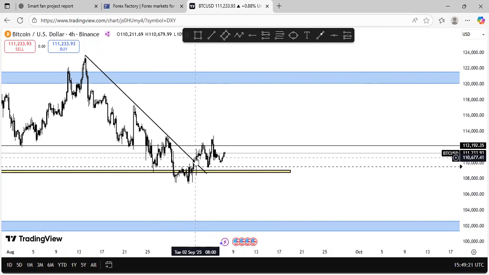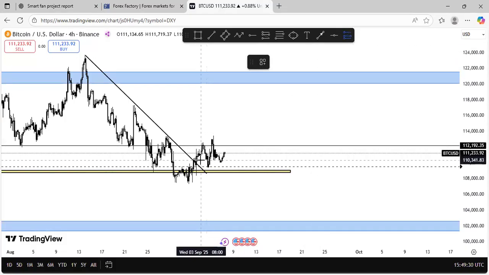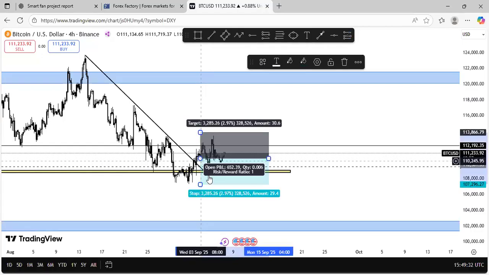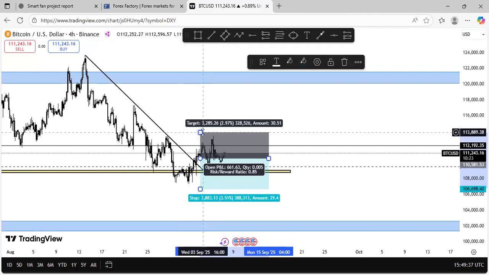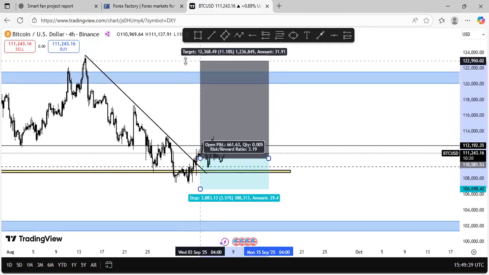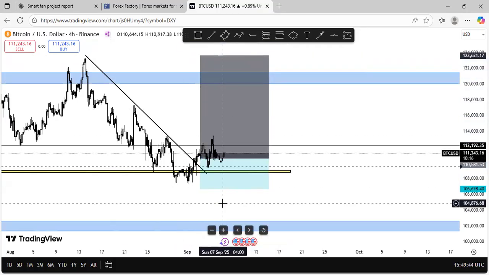We had a break of the trend line, and I had an entry here, with my stop loss all the way back down. Right now I'm currently on this trade. I've got 2 positions open on this trade. So that's what we've got on BTC.